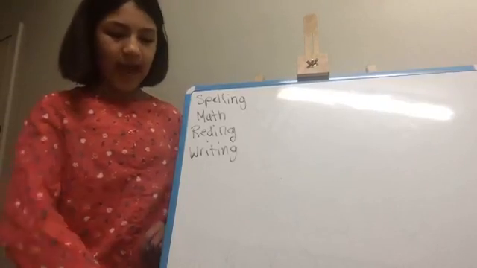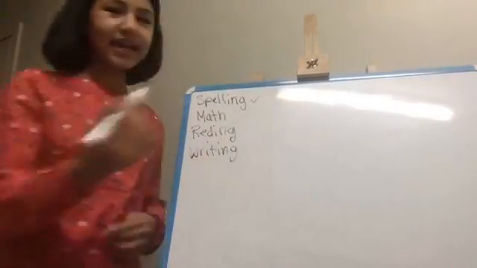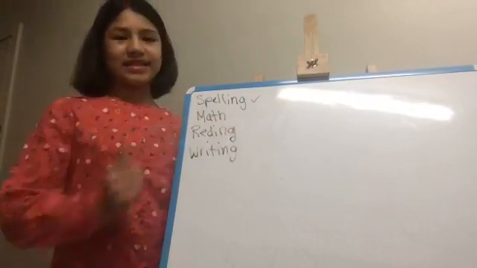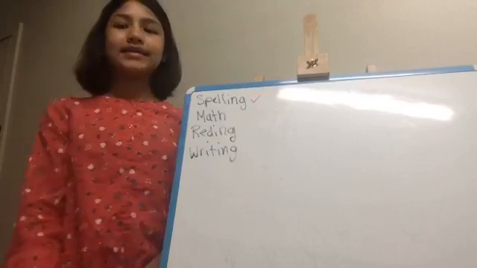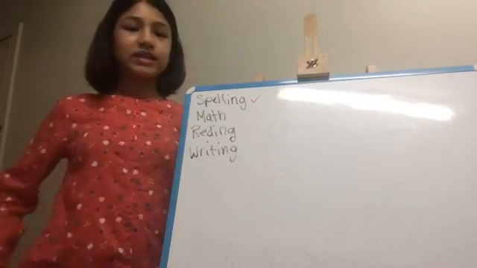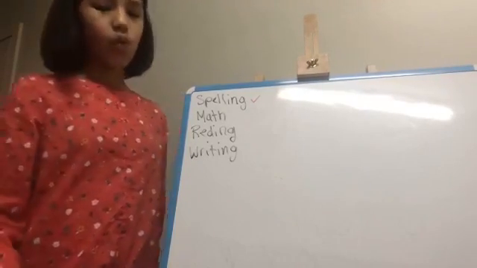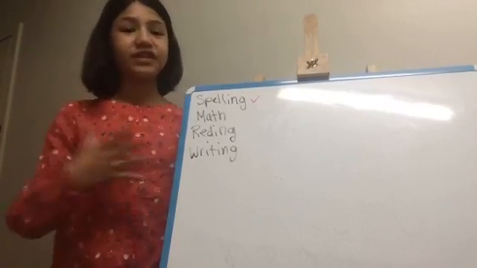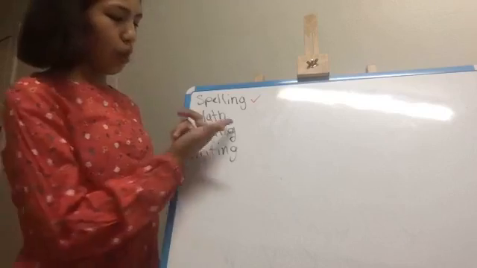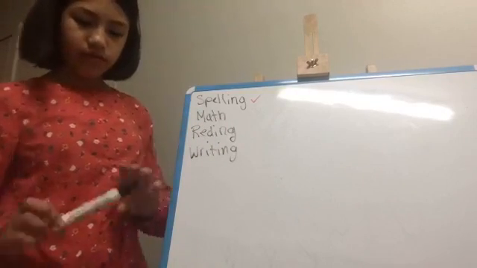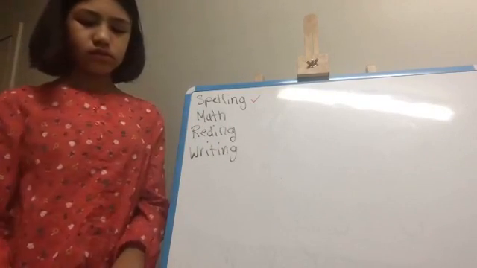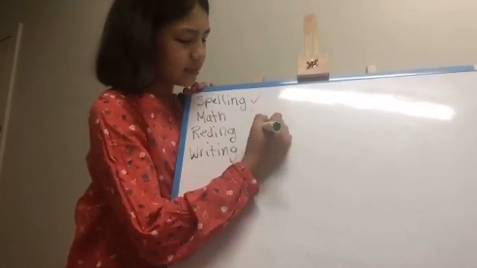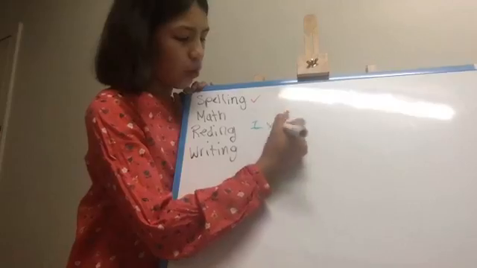So now spelling is done. Now we'll be moving on to maths. Maths is pretty easy. Well, you can be really good at maths if you listen to me. For example, let's try the 1 times table. Let's try 1 times 1.